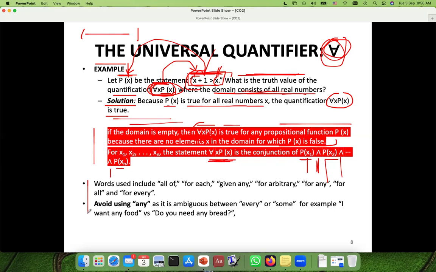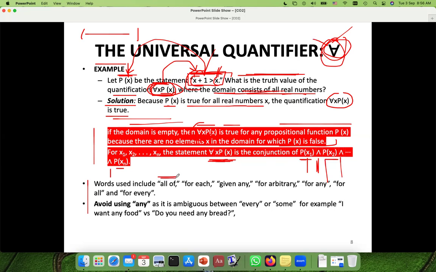Now, what are the words available for universal quantifiers? If you have such a concept in English sentences, then you can convert it into a universal quantifier.